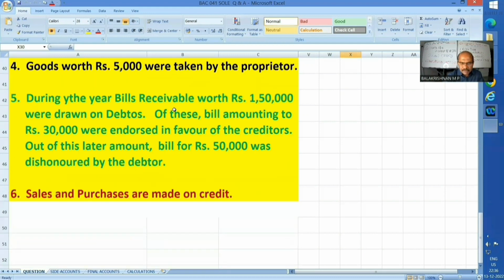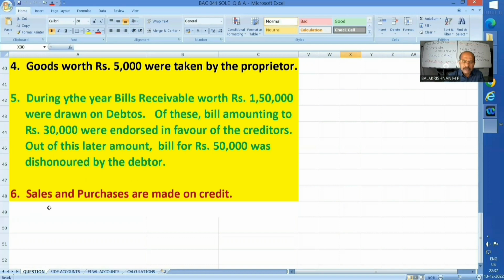During the year, bills receivable worth rupees 1,50,000 were drawn on debtors. Of this, bills amounting to rupees 30,000 were endorsed in favor of the creditors. Out of this latter amount, bill for rupees 50,000 was dishonored by the debtor. And the last segment, sales and purchases are made on credit.